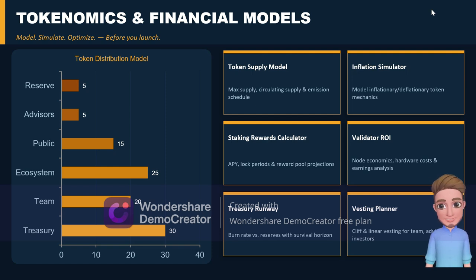You can simulate inflation rates, stress test your treasury runway, calculate validator ROI, and map out every vesting schedule before a single token is issued. For enterprise blockchain teams, this replaces months of custom financial modeling work. For Web3 founders, this is your financial architecture ready to present to investors with confidence.